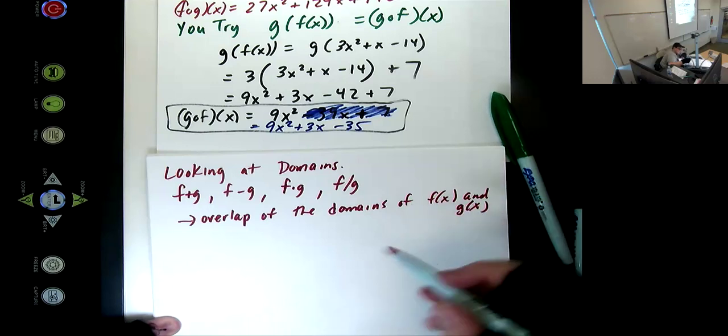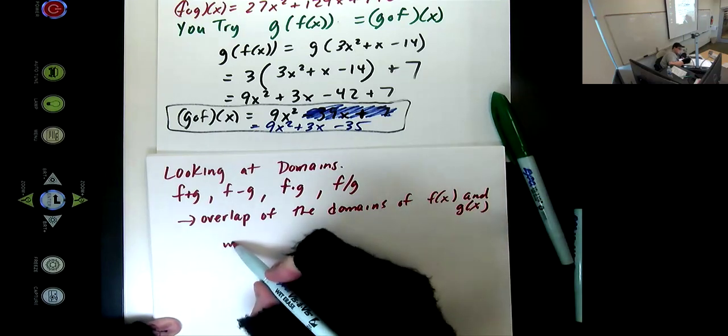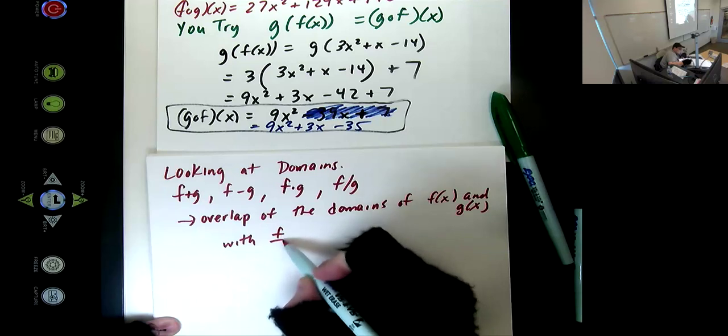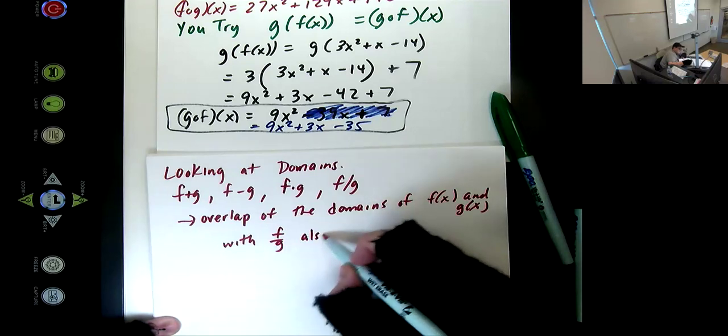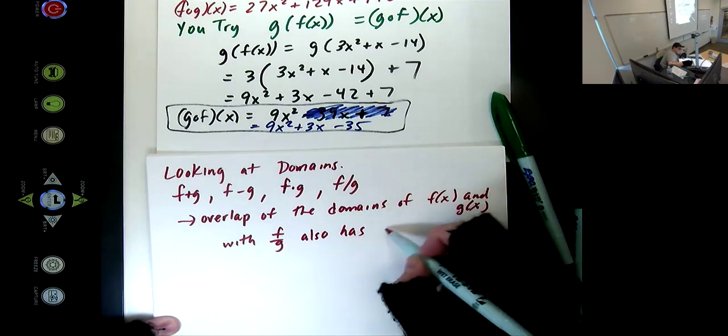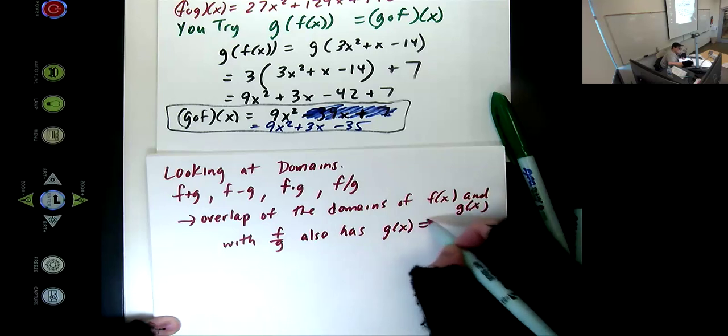With the exception that f divided by g also has g of x can't equal 0.